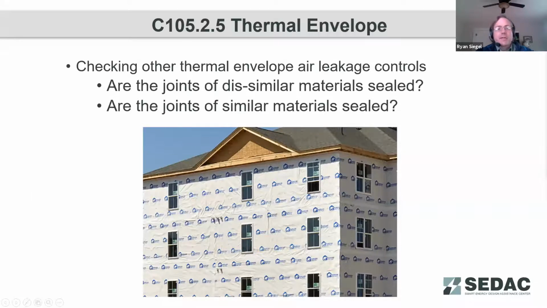For our air barrier, checking our thermal envelope and making sure that we've addressed, previously we've focused a lot on dissimilar materials because we do have differential thermal expansion and contraction.